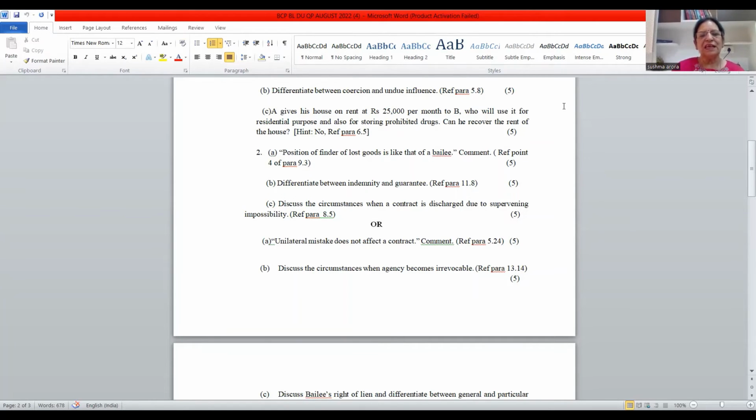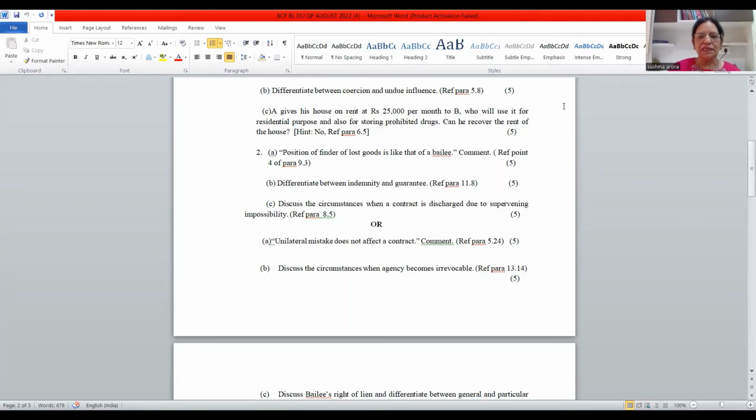But we do not have the same answer in case of unilateral mistake. In case of unilateral mistake, sometimes the contract is valid, sometimes the agreement is void, and sometimes the contract is voidable. When the consent is caused by coercion or undue influence.